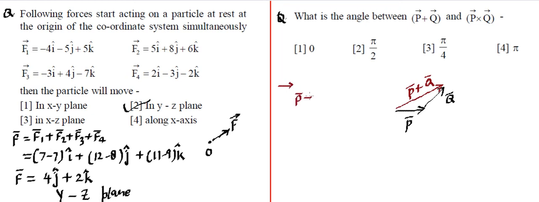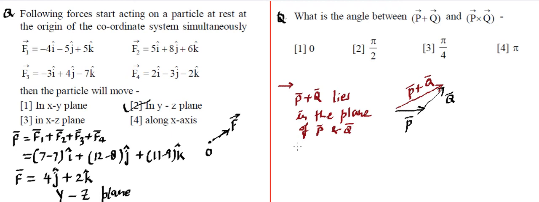P plus Q vector lies in the plane of P vector and Q vector. So that means we can claim P vector, Q vector and P plus Q vector are always coplanar vectors. Making sense?